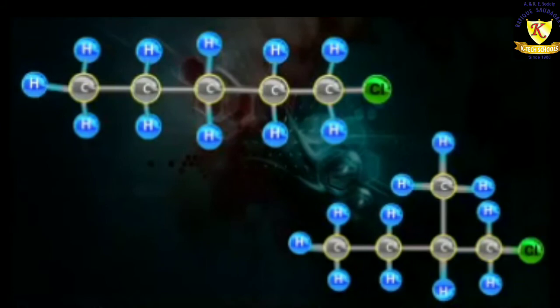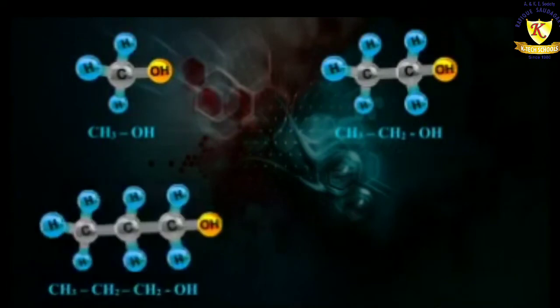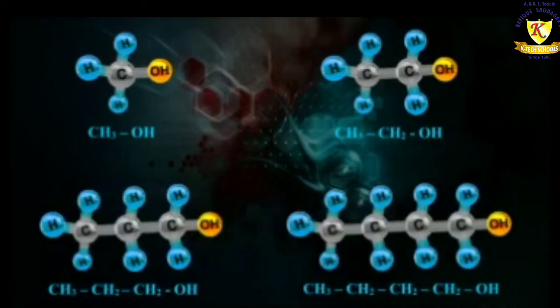For example, there are many compounds such as CH3OH, CH3CH2OH, CH3CH2CH2OH, CH3CH2CH2CH2OH, which contain alcohol as the functional group.